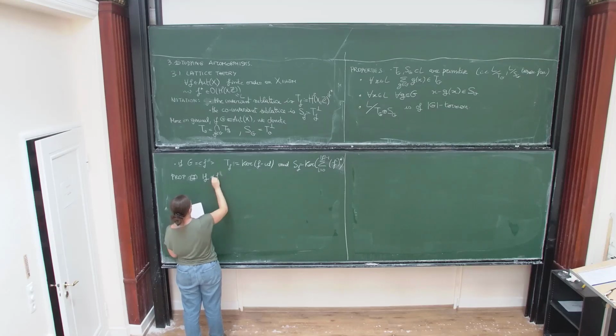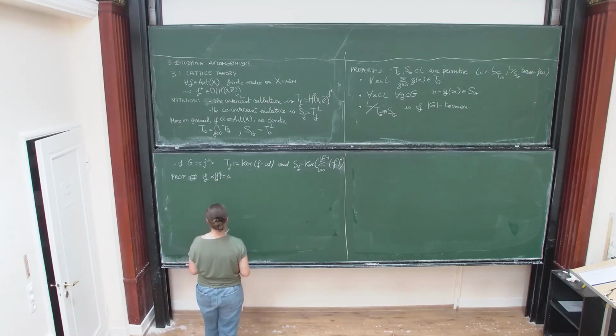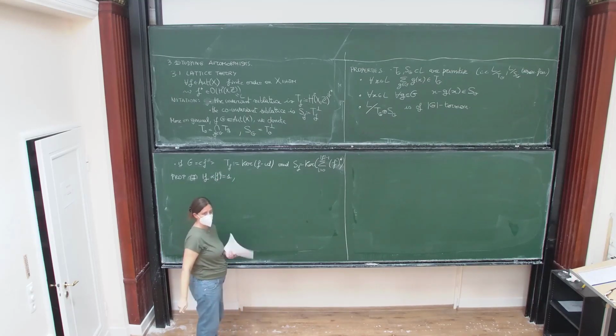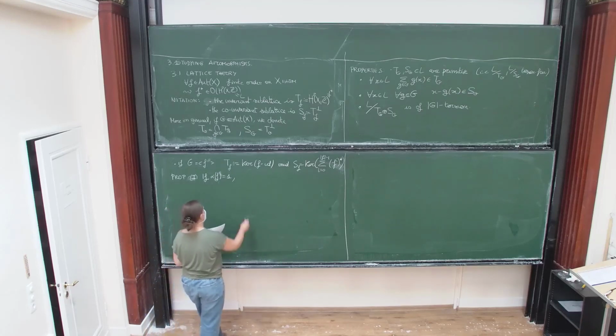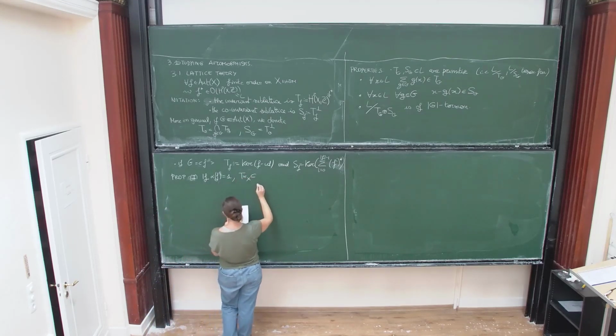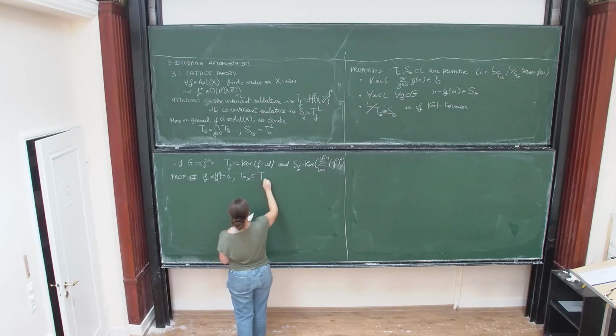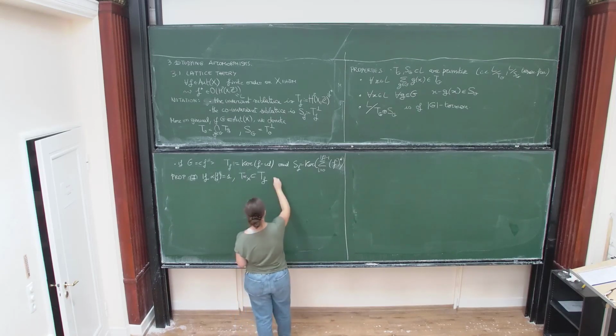If alpha f is 1, so the automorphism is symplectic, then the transcendental lattice of X is contained in the invariant lattice of X.